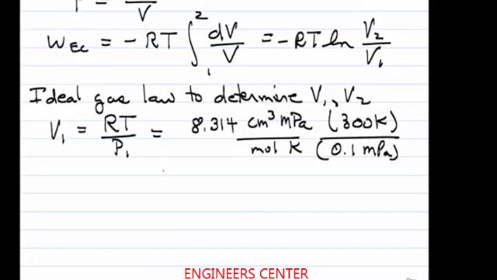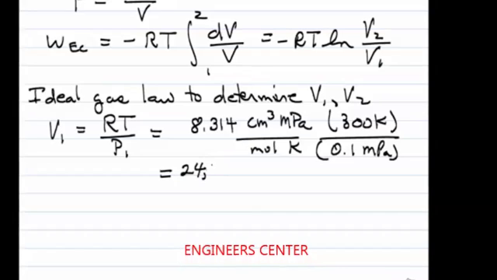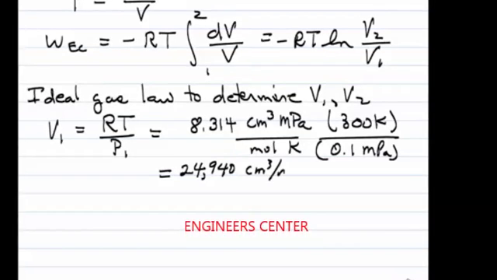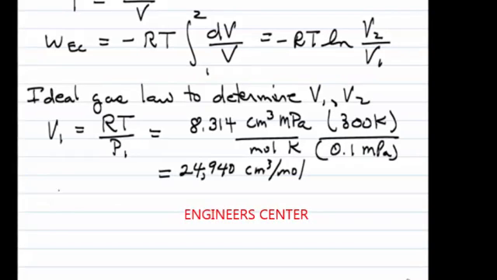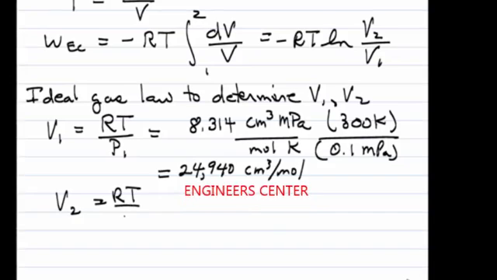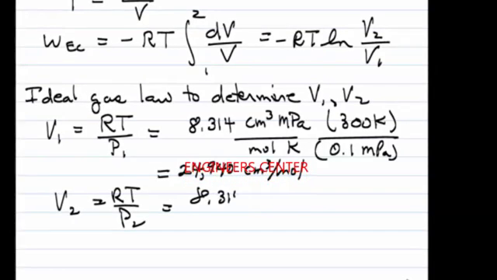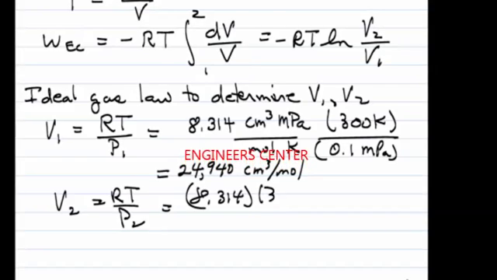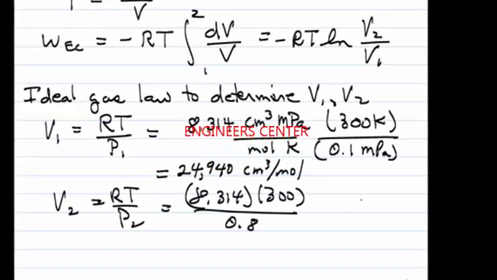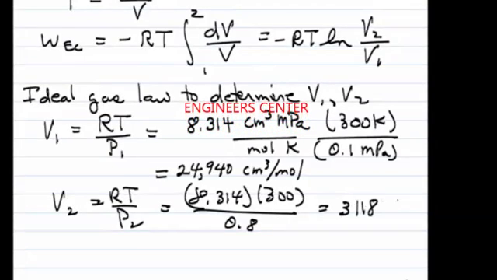And this gives us the volume per mole, 24,940 cubic centimeters per mole. Same type of calculation, of course, for our final conditions. 8.314, it's isothermal, and the pressure is 0.8 megapascals, so the final volume.